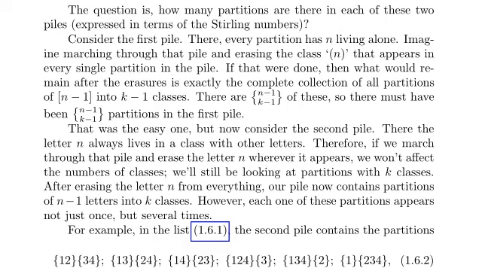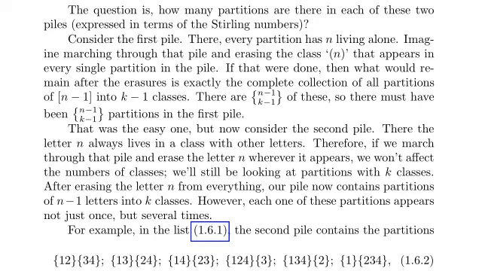Okay, let's see if the book does this the same way. So, where were we? The question is, how many partitions are there in each of these two piles expressed in terms of the Stirling numbers? Consider the first pile. There, every partition has n living alone. Imagine marching through that pile and erasing the class n that appears in every single partition of the pile.